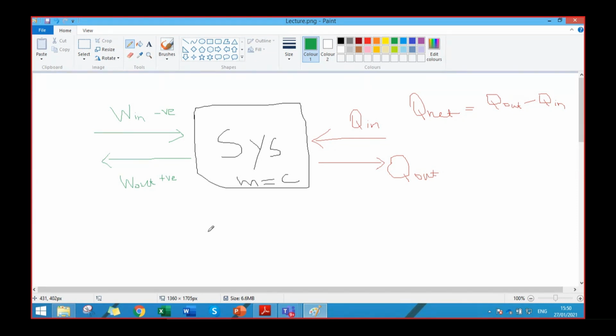We take work in as negative and work out as positive. So based on that, you decide that this is the convention. If I'm getting the net work as positive, it means that I'm getting work from the system. If Q net is positive, it means that the system is releasing heat into the atmosphere, or I am supplying heat to the system, depending on your convention. Clear?